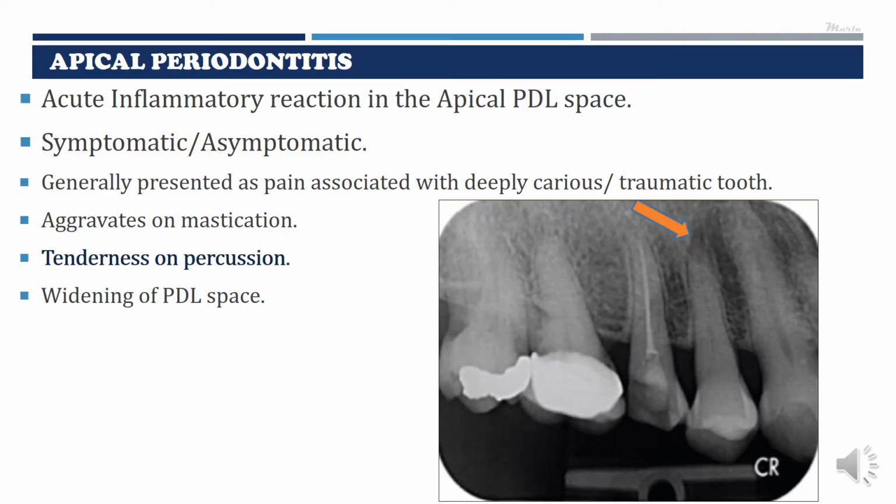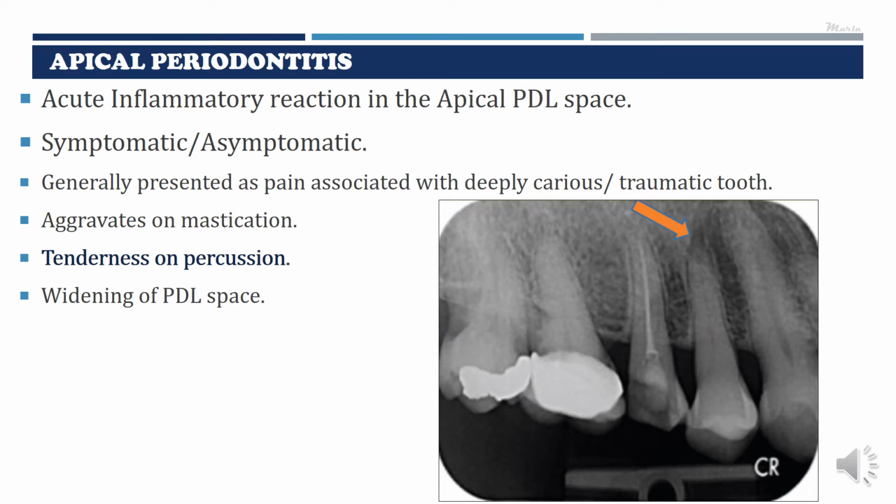So, apical periodontitis is nothing but inflammation at the periapical area. This inflammation can be secondary to an infection, can be secondary to a trauma, and various other factors. But the most common cause for inflammation occurring in the periapical area is the extension of the infection through dental caries.